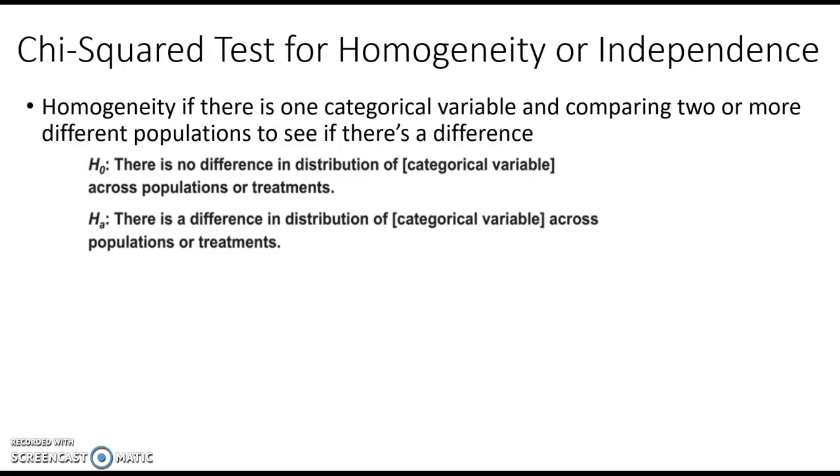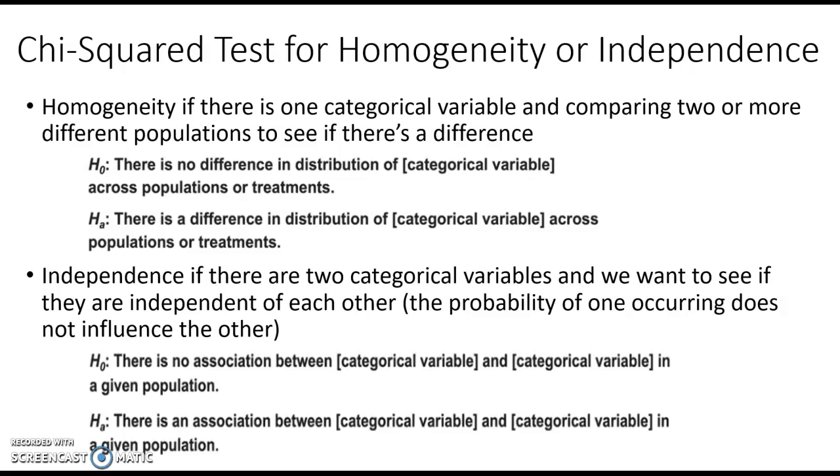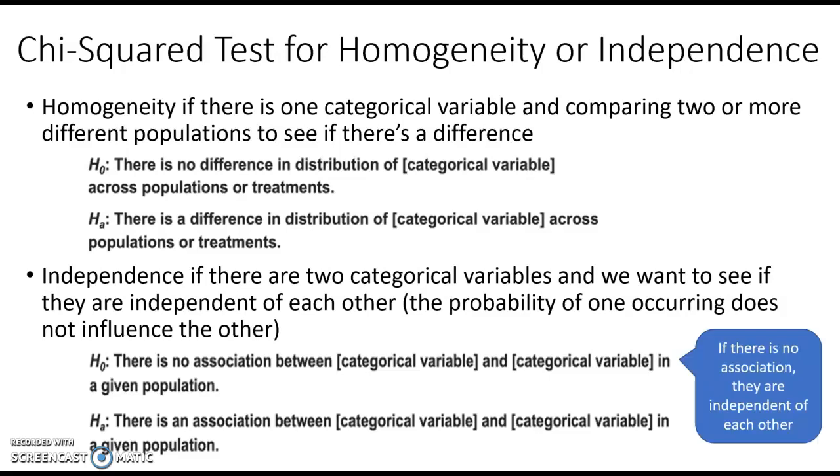Very much like the other chi-squared tests, remember that chi-squared tests are for categorical variables. So that's when you should be using a chi-squared test. Now for independence, you're seeing if two categorical variables are independent of each other. You're trying to say that there's no association between the categorical variables, meaning that they're independent. Or the alternative would be that there is an association between the two categorical variables.